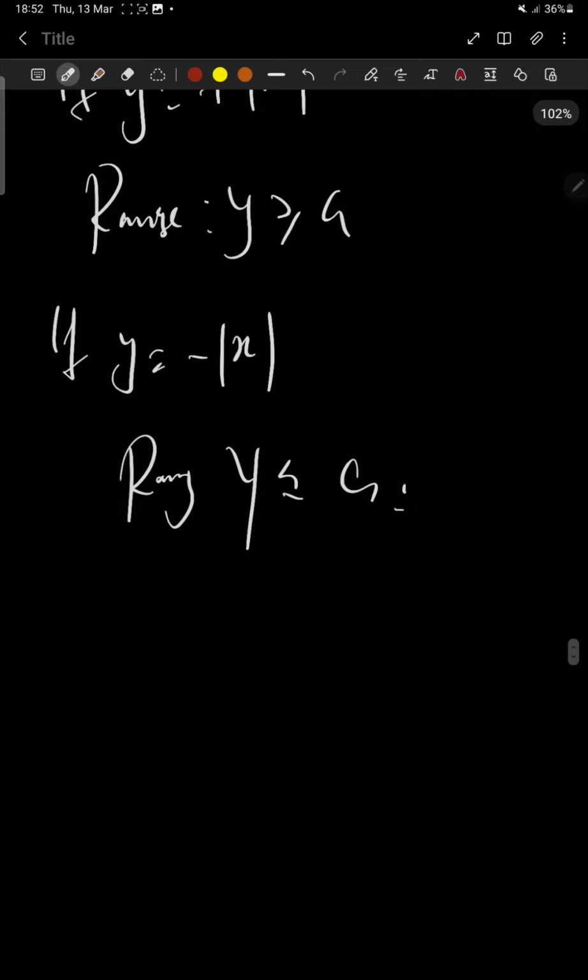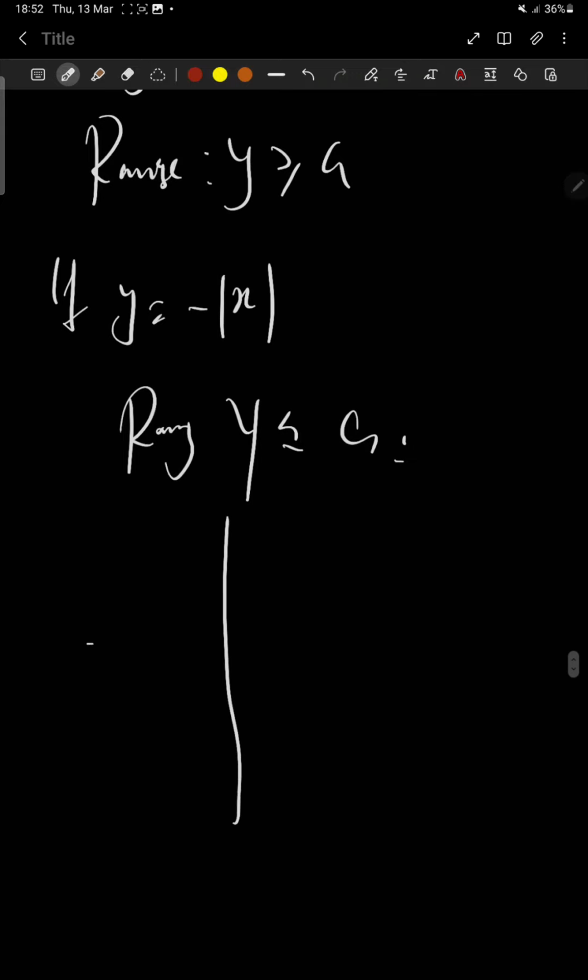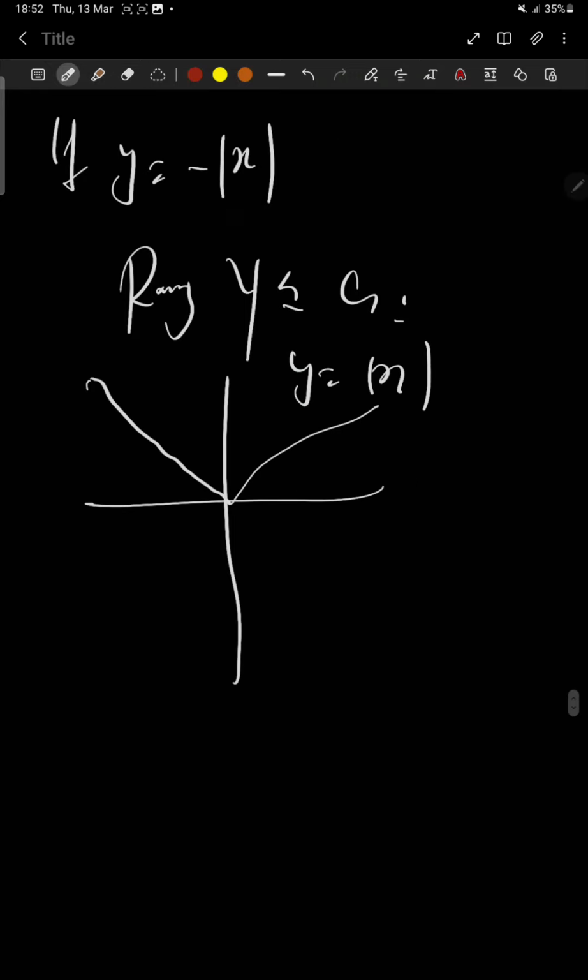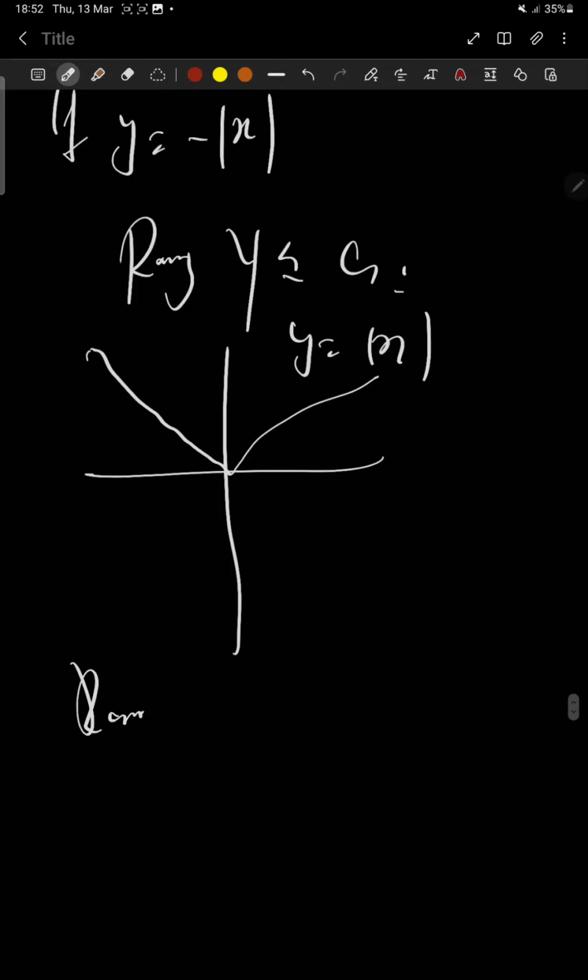Why am I saying so? Because when you sketch the modulus, it will obviously look like this. Notice what the range is: it starts from 0 going on top, so it will be y greater than or equal to 0.